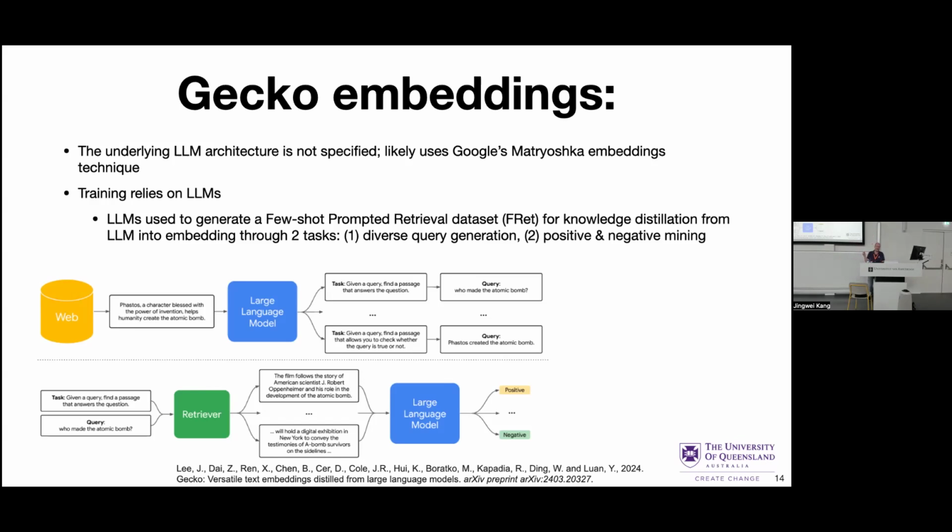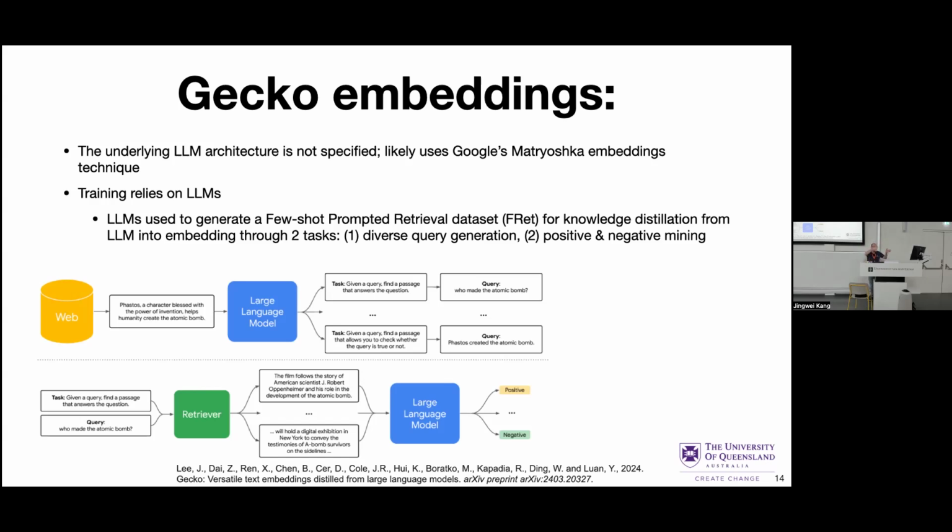But there they use LLMs in the way they train the encoder. In particular, what they do is they use the LLM to generate few-shot examples. So they generate a synthetic data set, right? They call it FRET, and they use that for knowledge distillation.